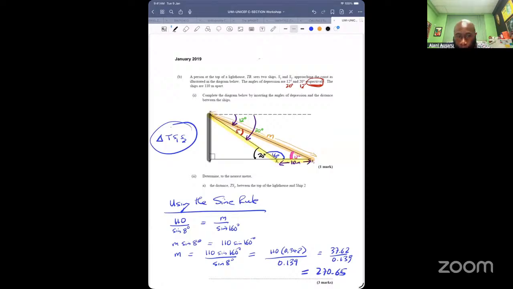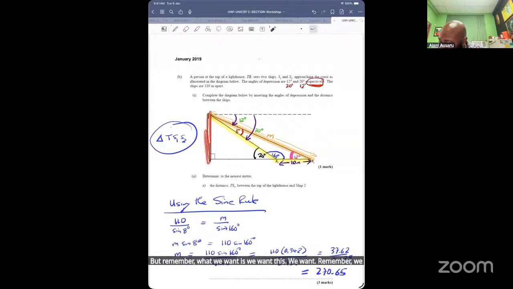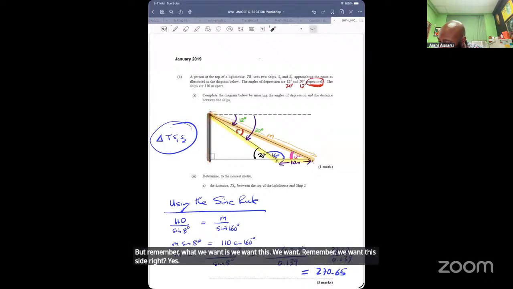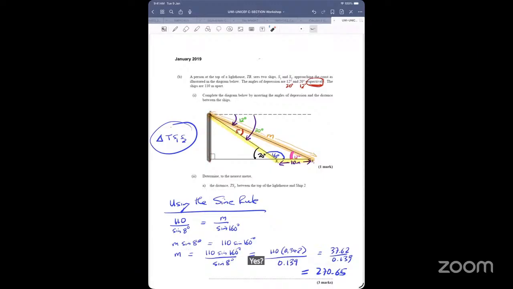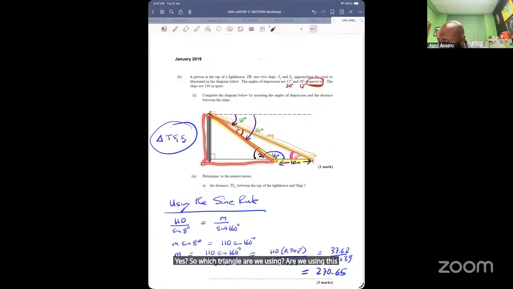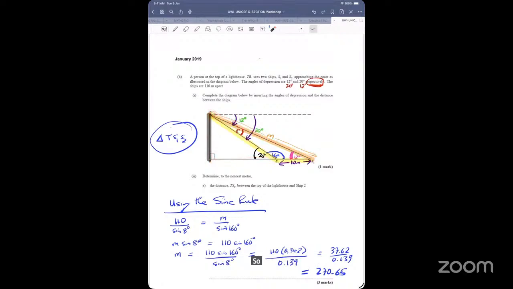But remember, we want this side, right? So which triangle are we using? Are we using this right angle triangle, this one or this one? The first one, sir.